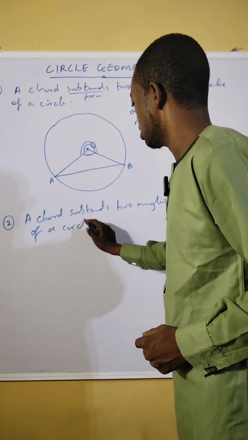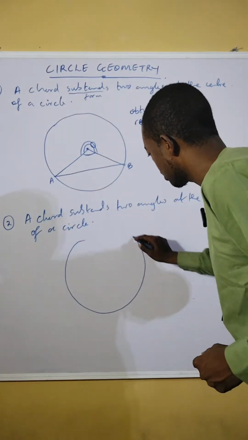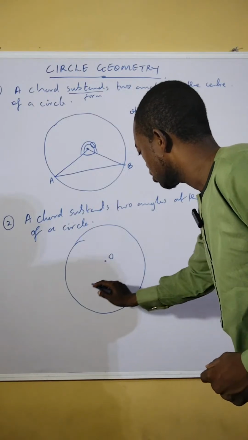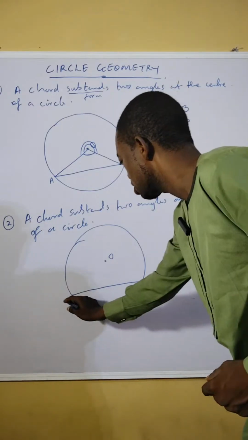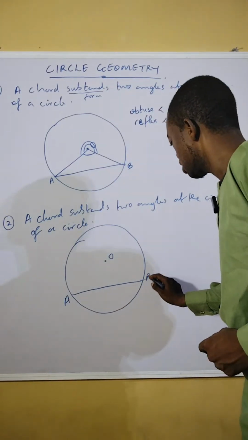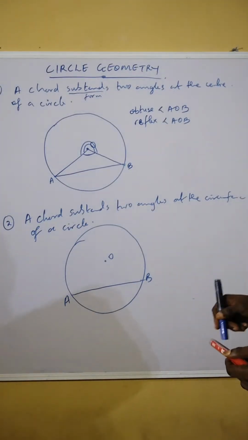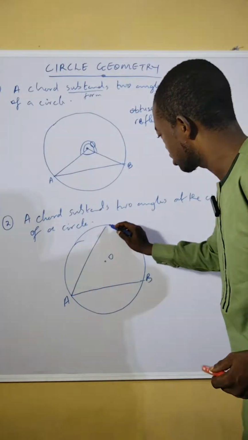Now when we have a circle with center O, let's say we have a chord. We call it chord AB as well. Then it implies that this chord here can subtend an angle at the circumference at this side.